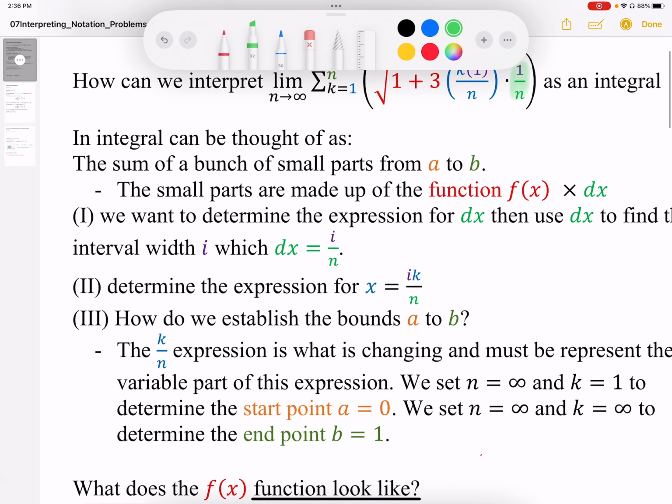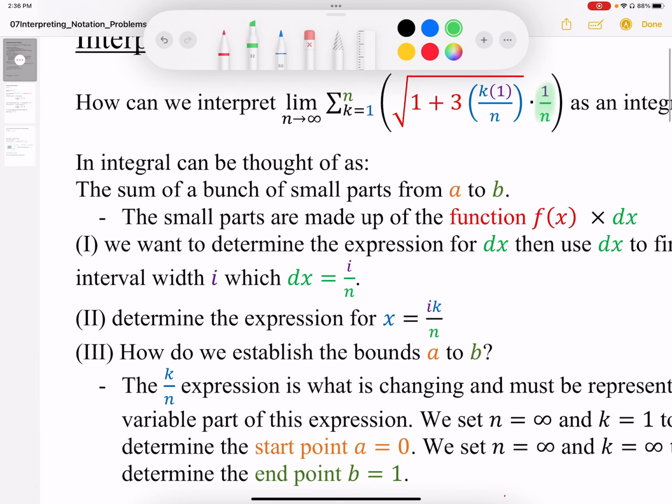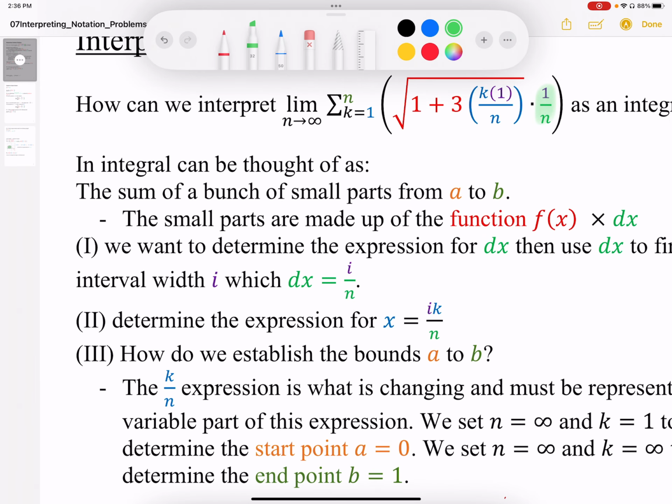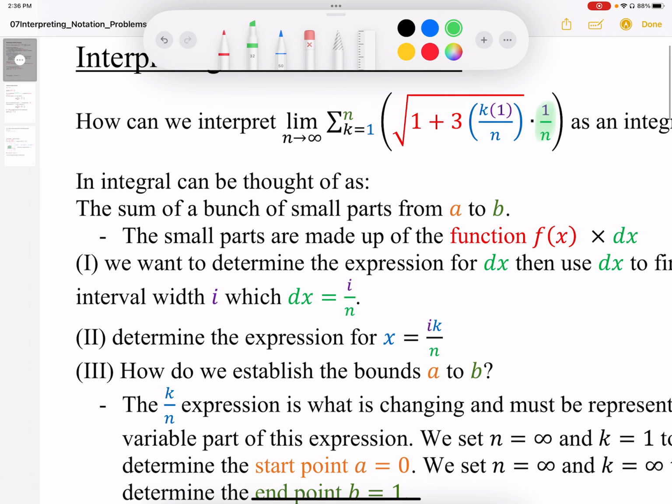We also need to find the part of that expression that represents the x variable. That's found by the interval width times k over n. The k represents the steps, how many steps we have, divided by n.